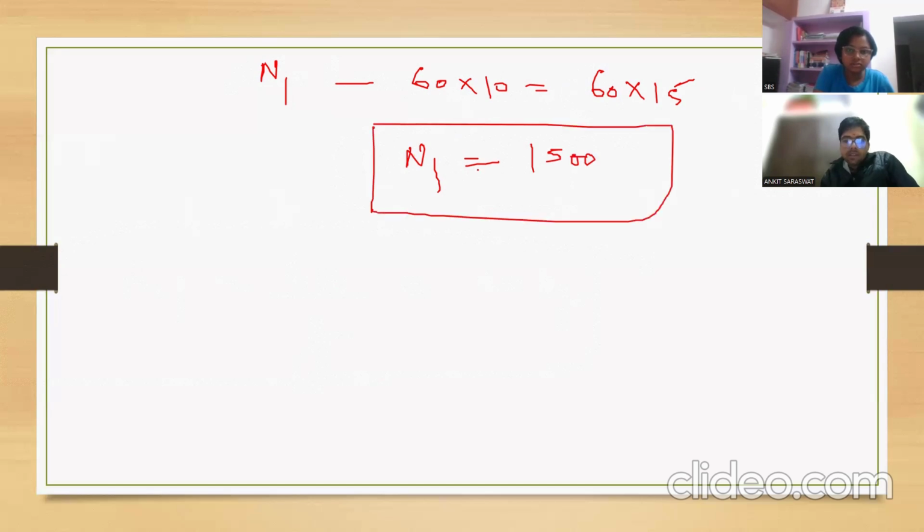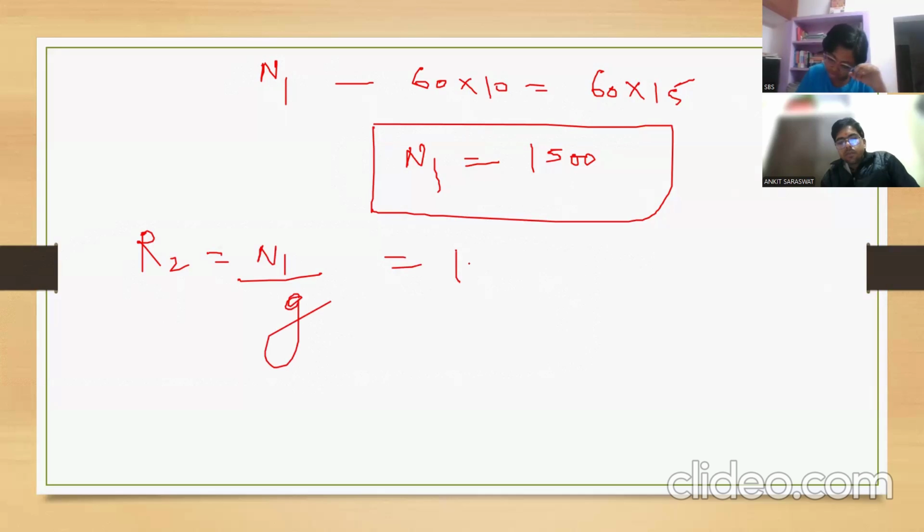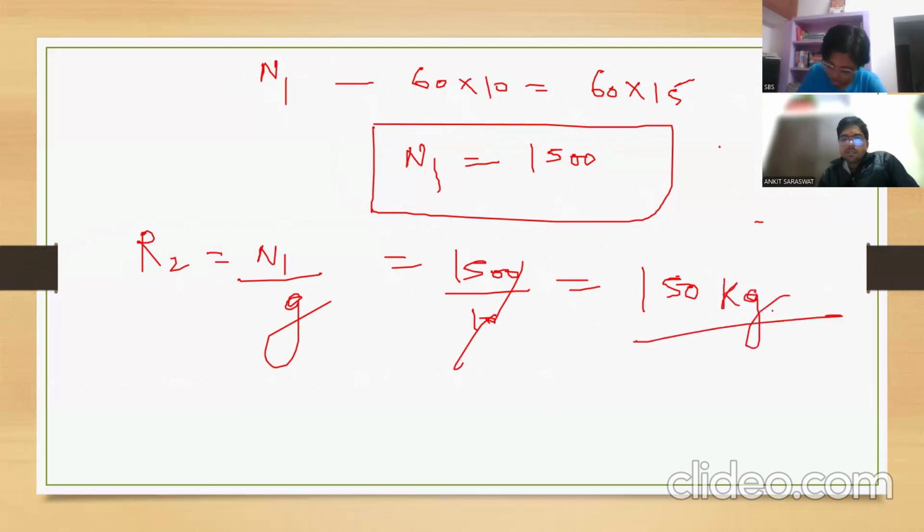So will you say it is the reading? No. The reading will be R2, N1 by g, 1500 by g with g as 10, 150. And something divided by g, always understand what it is: force divided by acceleration is mass. Clear? So its unit will be kg, 150 kg. Clear? Yes, sir, I got it.